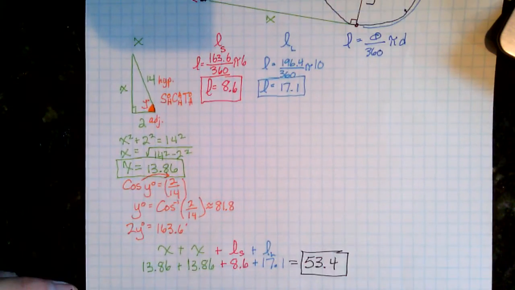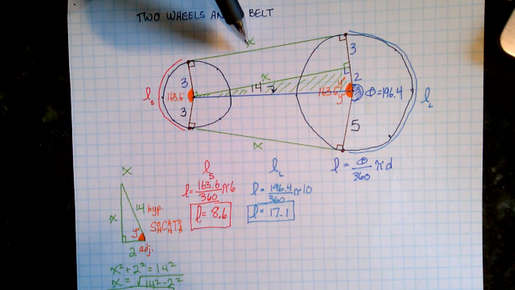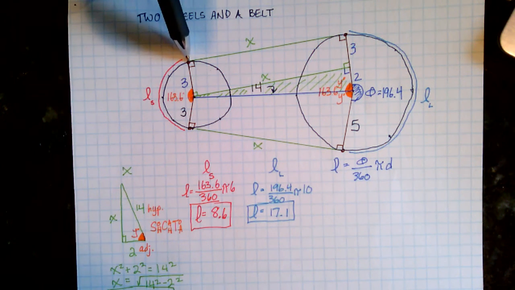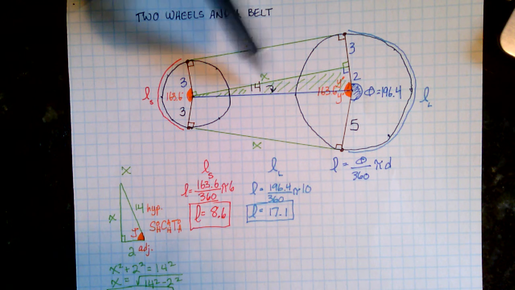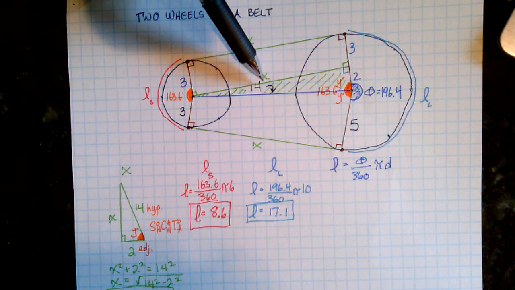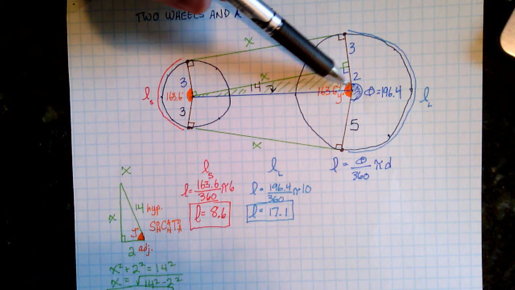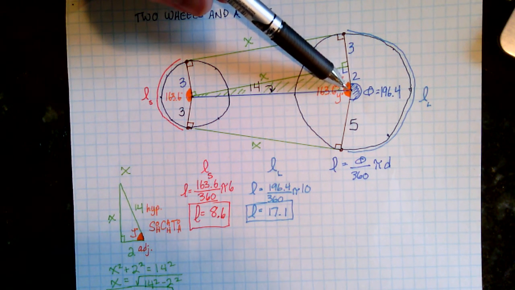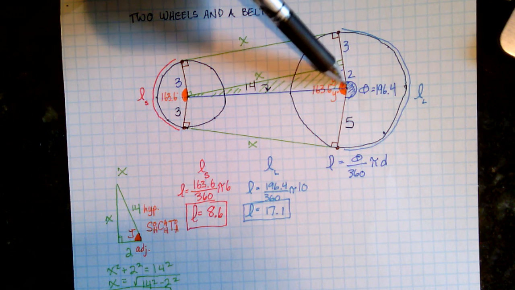Okay, so quick recap. Got your mirror image, tangent lines, point of tangency, create this triangle in the middle, find the length of x, which is not the hypotenuse, it's the long leg. Find the missing angle here using trigonometry. Double it to get this other angle.